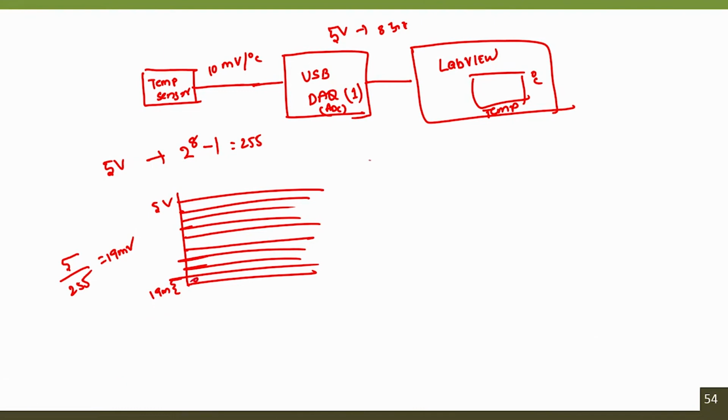Now imagine the change in temperature is 1.5 degree centigrade. The actual output voltage will be only 15 millivolt, which falls under the starting level, all zeros. So, that will always be considered as 0 degree centigrade, even though the actual temperature is 1.5 degree, because the display unit can only measure 0 degree.